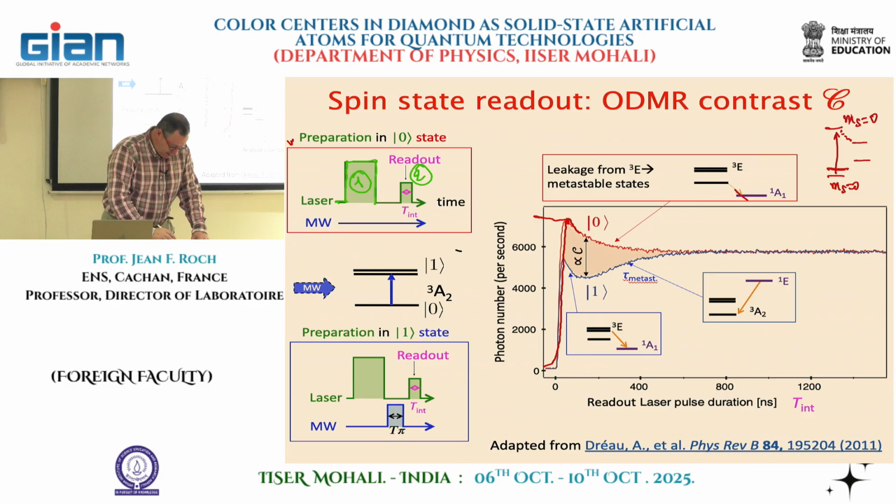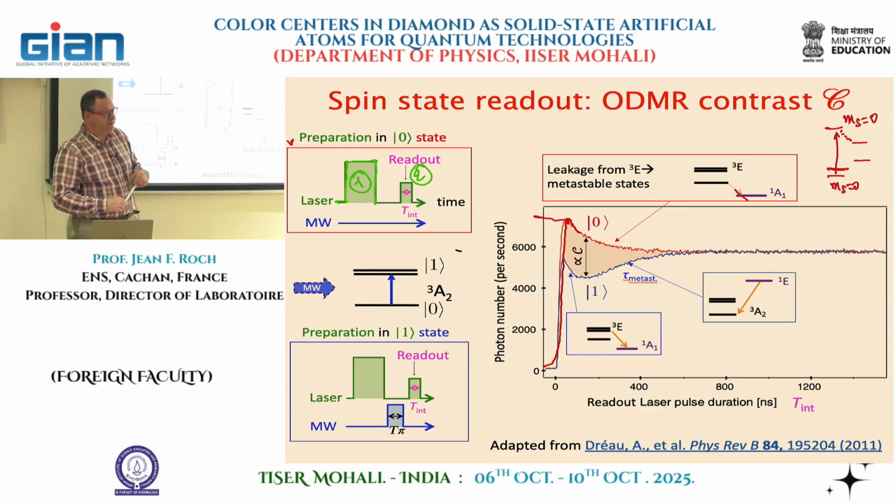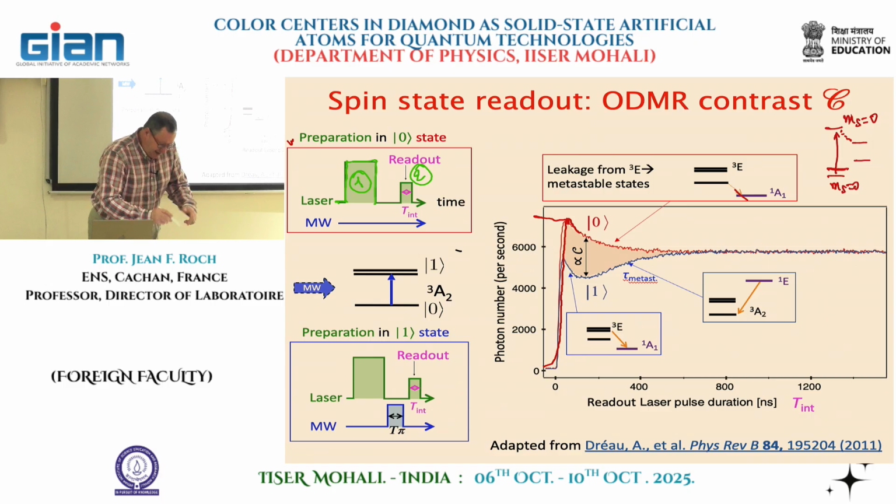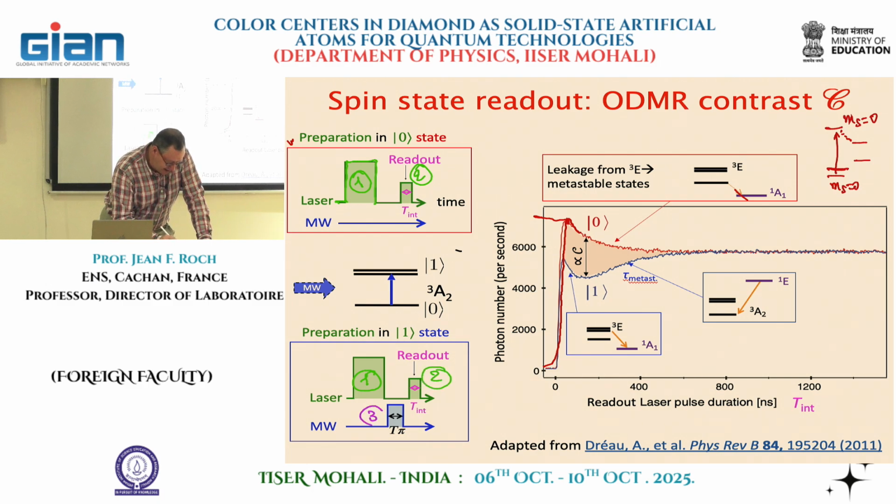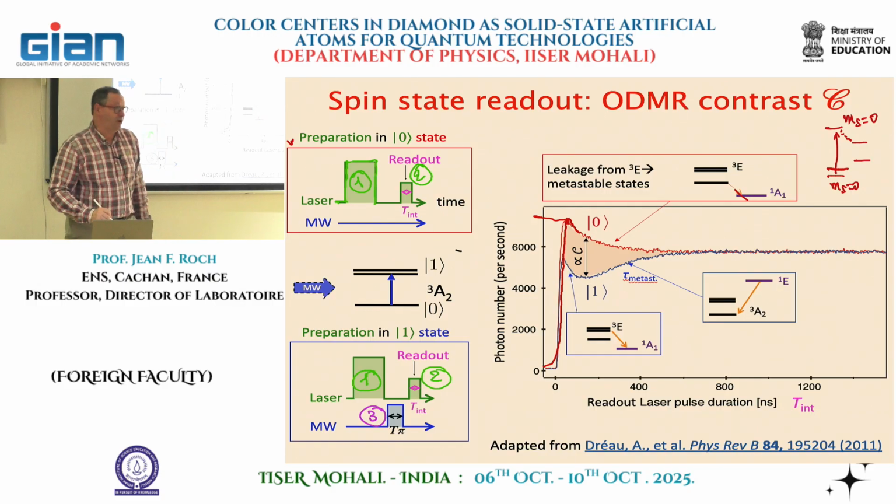Now, at the same time, what I can do is something a little bit different. Or independently, what I can do now is the second experiment. In the second experiment, I have here the laser, again the readout as previously, but now in between, I apply a pi pulse.